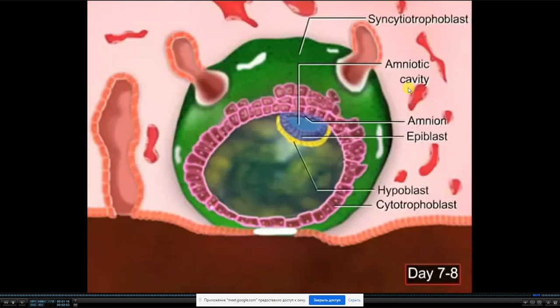Maybe you heard about the amniotic cavity from any pregnancy. As I said, amniotic fluid. You heard about it. Actually this amniotic fluid covers the entire embryo, so the entire fetus, in later periods of pregnancy. Actually now it's a very small sac here, but in future it will expand everywhere. And also today we will show it for you.